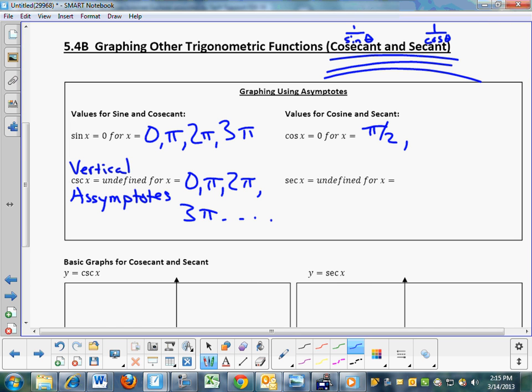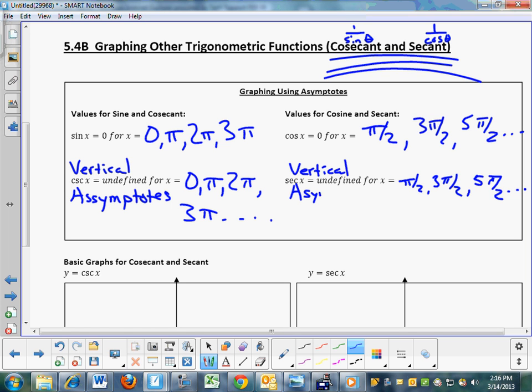What's cosine of positive pi? Negative 1. What's the cosine of 3 pi over 2? 0. So we've got 3 pi over 2, 5 pi over 2, and so on. So secant is undefined for x values of pi over 2, 3 pi over 2, 5 pi over 2, and so on. That is where we have what we call vertical asymptotes.